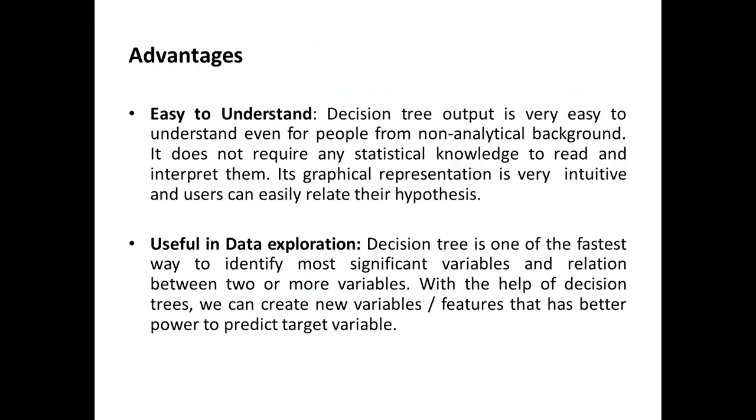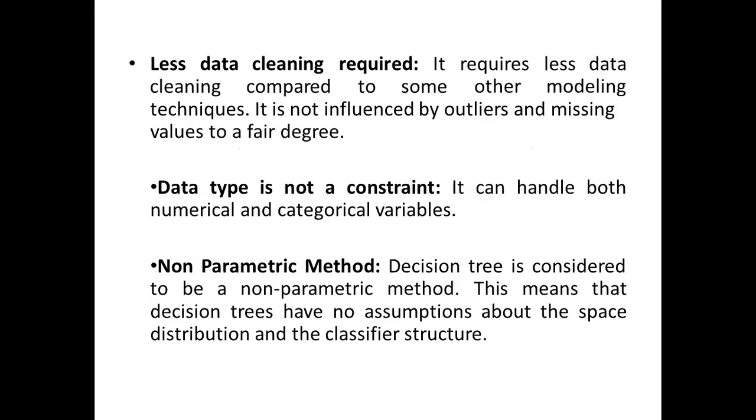So what are the advantages of the decision tree? It's easy to understand. Decision tree output is very easy to understand, even for people from a non-analytical background. Useful in data exploration: it provides the fastest way to identify the most significant variables and the relationship between two variables.